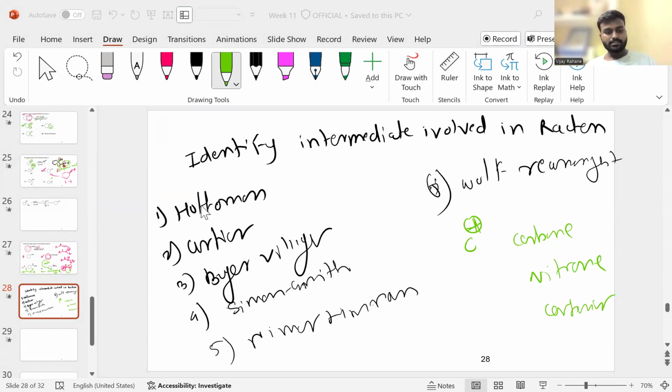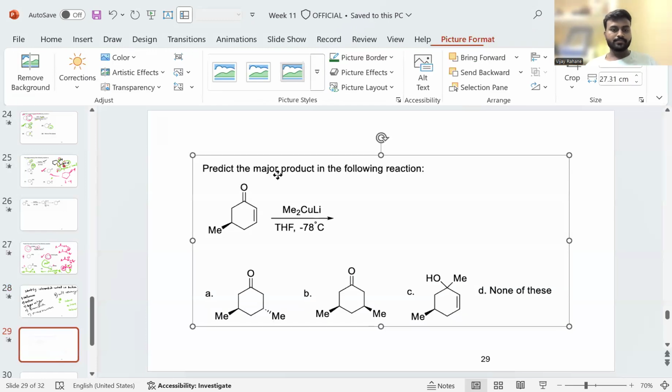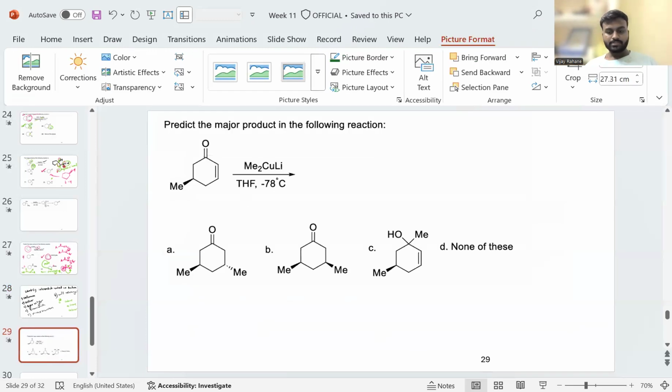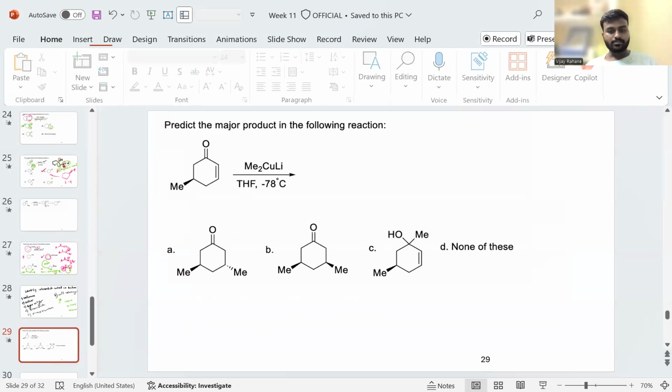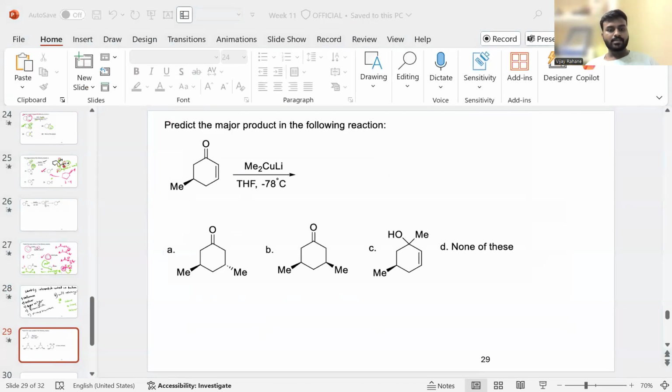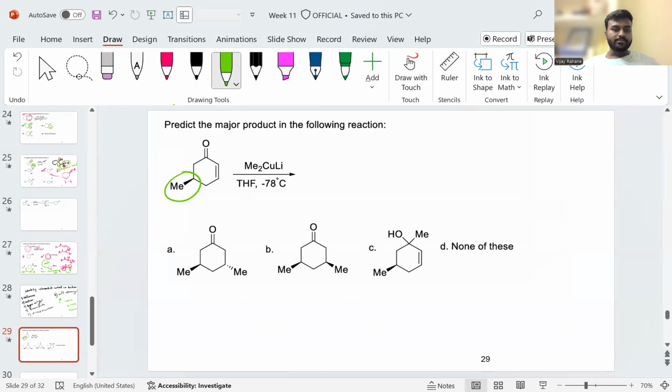And I think this is a question from a topic which we have already discussed prior. So this is the question, and what will be the product in this reaction? This is the copper salt. We need attack on this alpha beta unsaturated carbonyl. But keep in mind, while solving, you also need to pay attention to the stereochemistry of the methyl group.